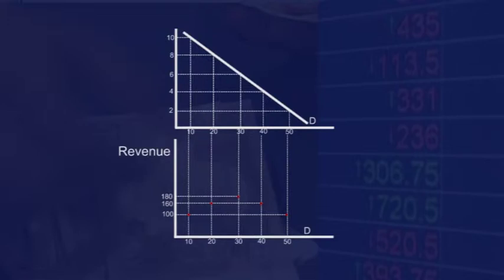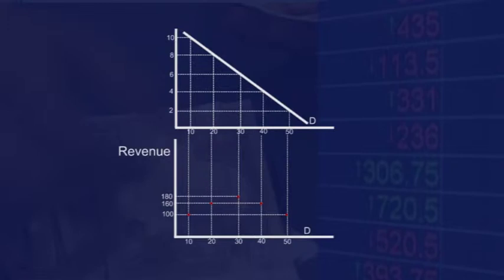If we go on cutting price, we can sell 40 units at 4. Total revenue is 40 lots of 4, which is 160. Revenue is now declining.